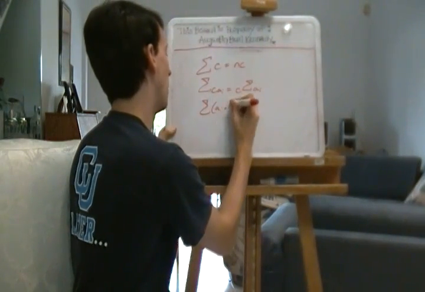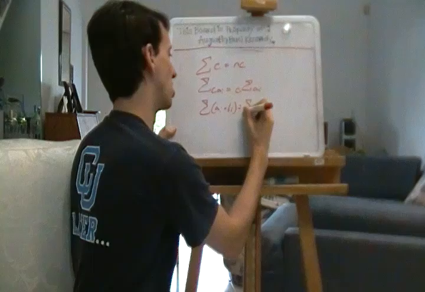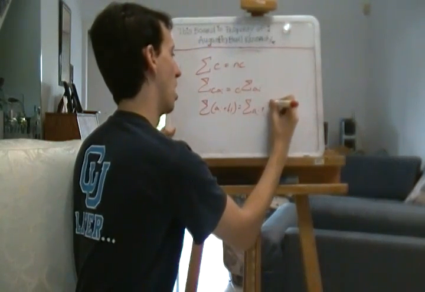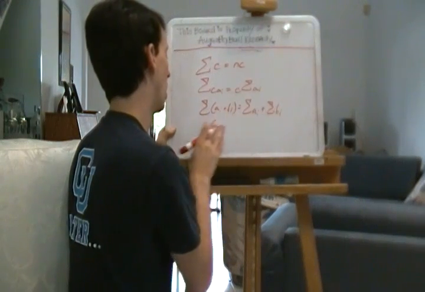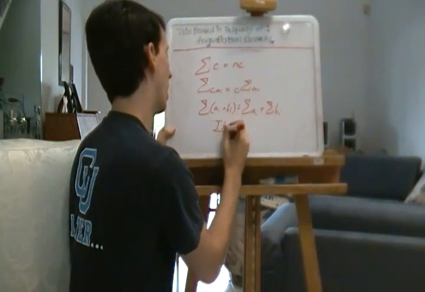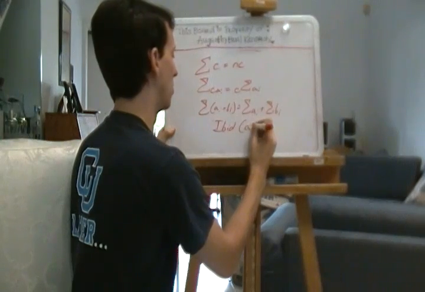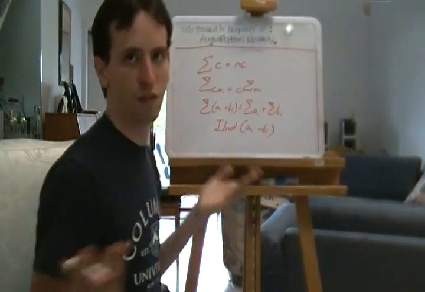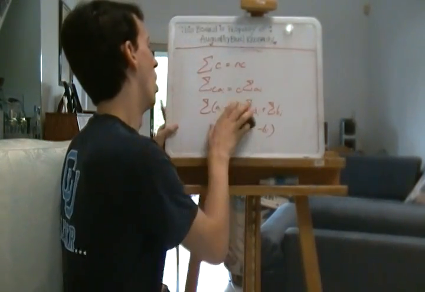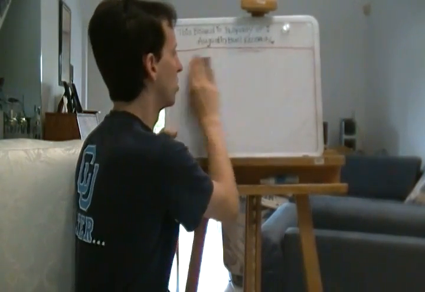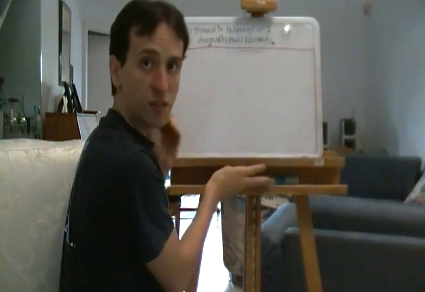The sum of a sub i plus b sub i is the same as the sum of a sub i plus the sum of b sub i, and the same is true for a sub i minus b sub i. It should follow.